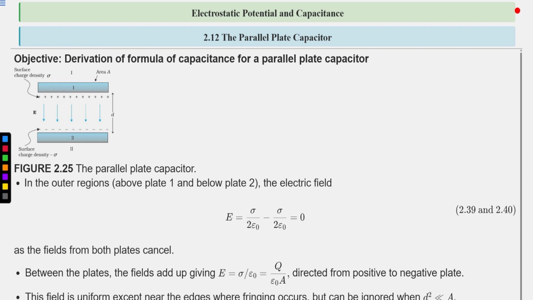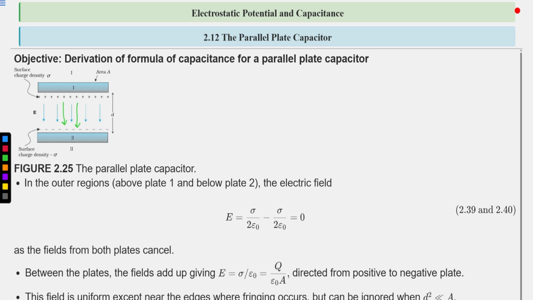Between the plates. Now, what is scenario between the plates? Due to these positive charges, electric field is in this direction. Due to these negative charges, electric field is also in this direction. So these two electric fields will add up, sigma by 2 epsilon naught plus sigma by 2 epsilon naught.